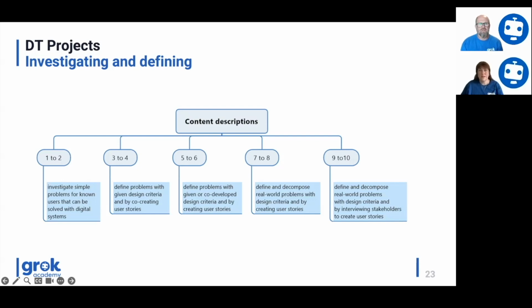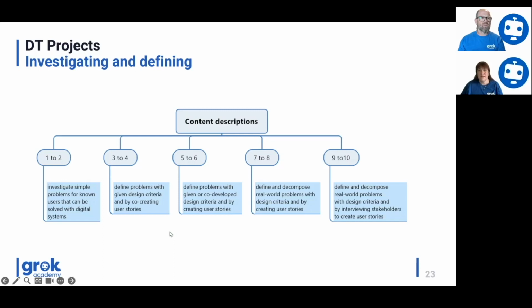We're going to talk about the year 3 to 4 and 5 to 6 descriptions as we go. This project example that we're using could quite easily fit within either of those year levels because the content descriptions are very similar. There are just some more advanced ideas and more complex concepts that you deal with when working with year 5 and 6 students.